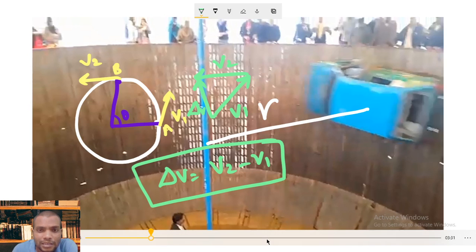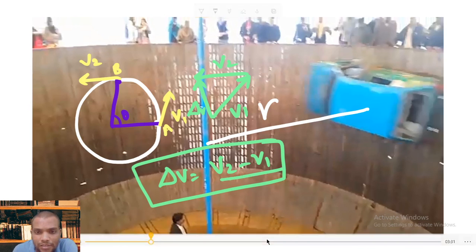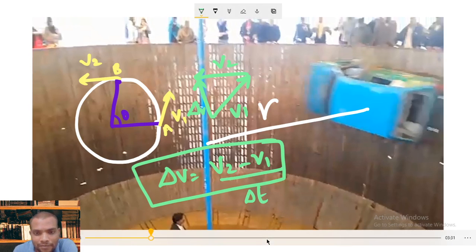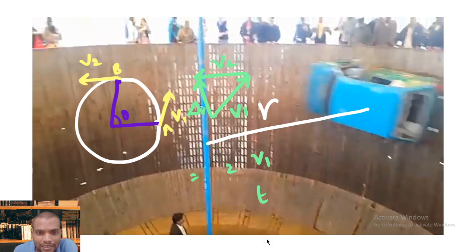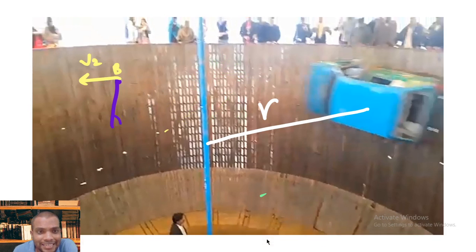Now you can see that change in velocity with respect to time, delta v upon delta t, gives an acceleration. In this uniform circular motion, this acceleration will act towards the center.